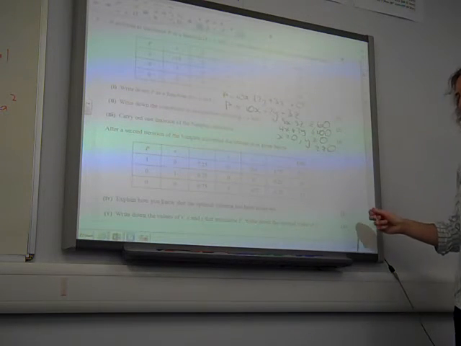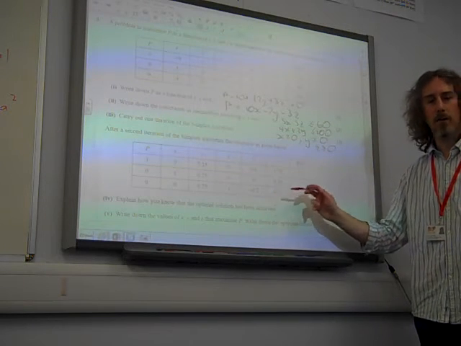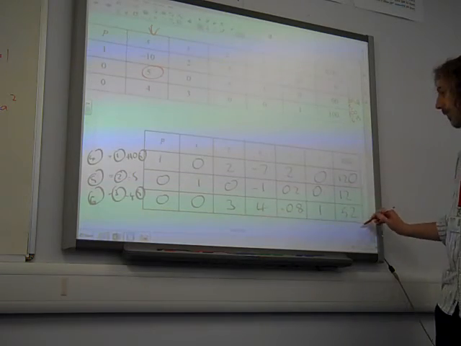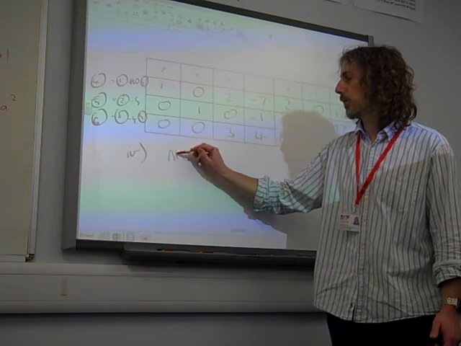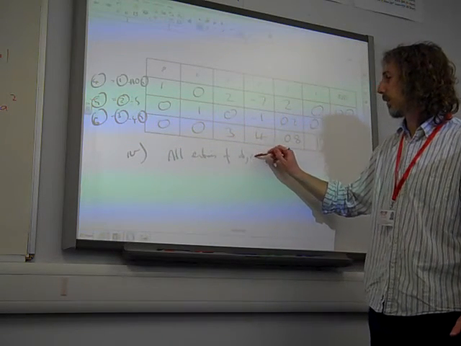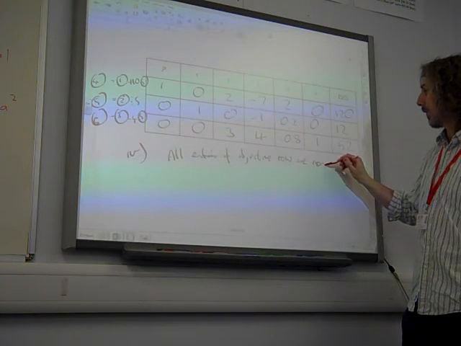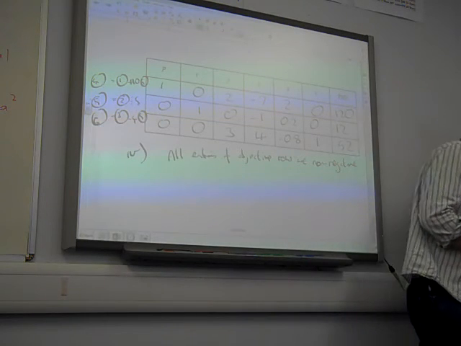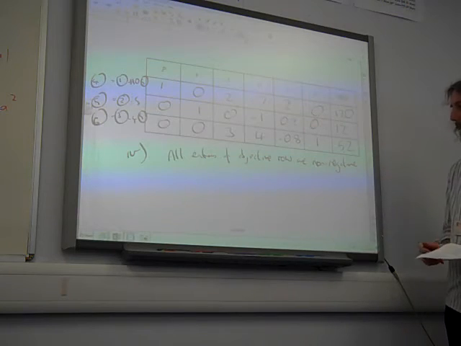So be careful how you phrase that, but all of the values in the objective row are greater than or equal to 0 for part 4. So they are all greater than or equal to 0 or non-negative, however you want to phrase that.